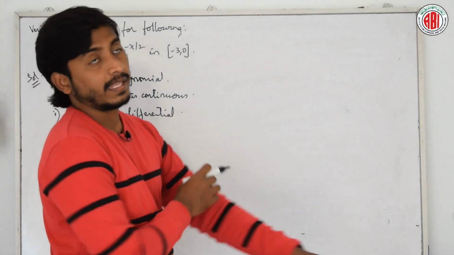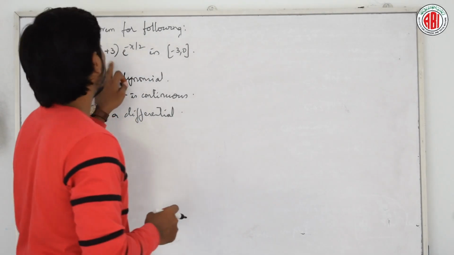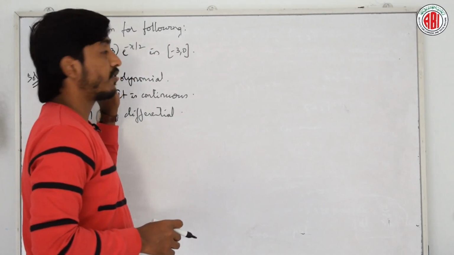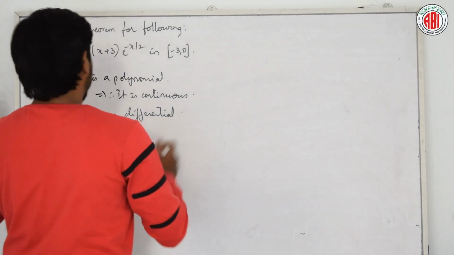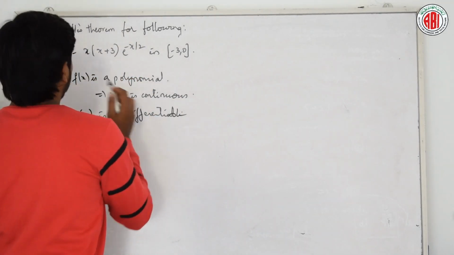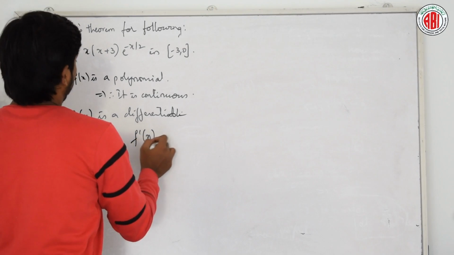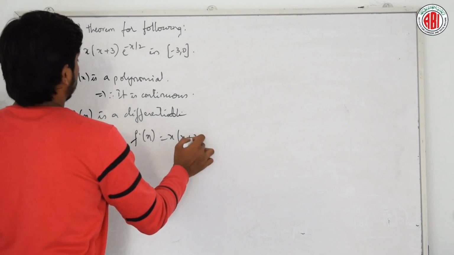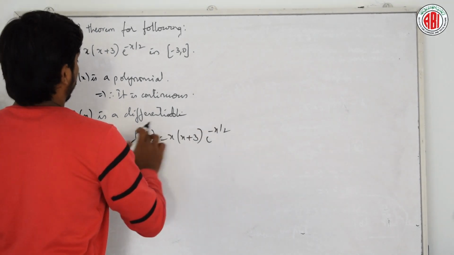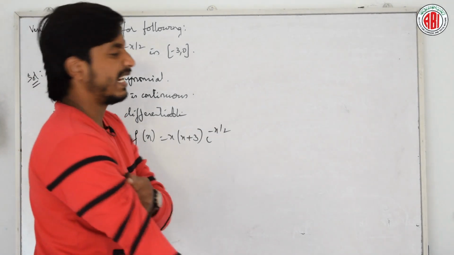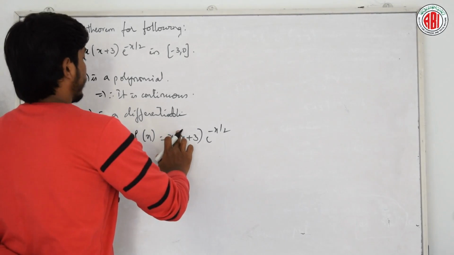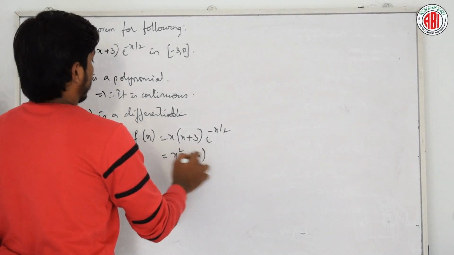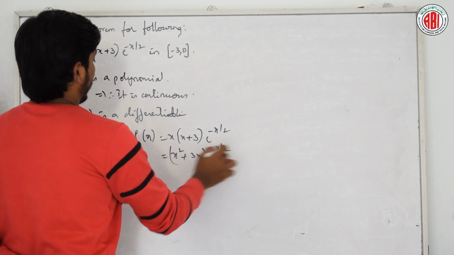Next, I have to check whether we can find a value of f dash c. Now f of x is equal to x into x plus 3 into e power minus x by 2. Let us write it as x square plus 3x into e power minus x by 2.